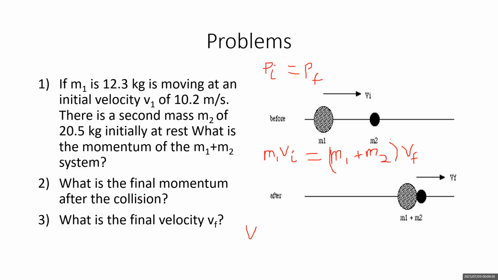What's the final momentum after the collision? Well, instead of finding the final momentum, we can just find the initial momentum, since momentum is conserved. It's going to be M1 V initial. So that's going to be the mass of 12.3 times 10.2.